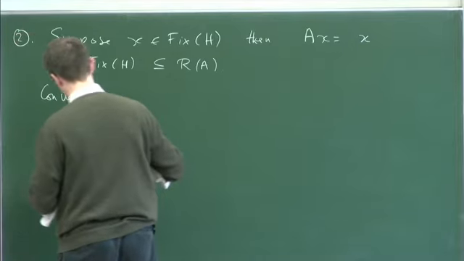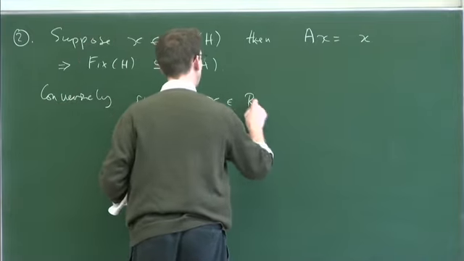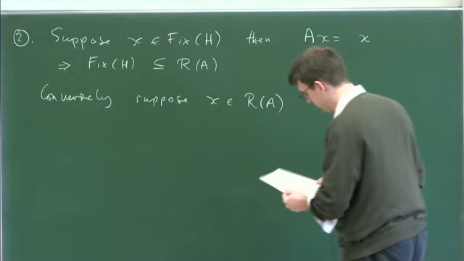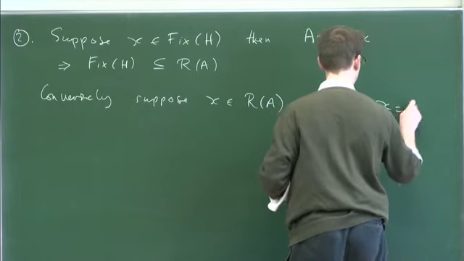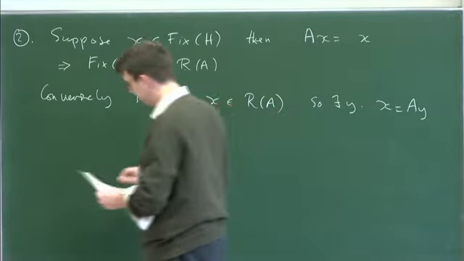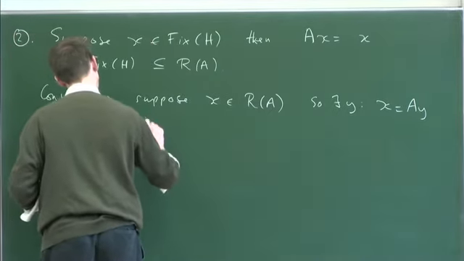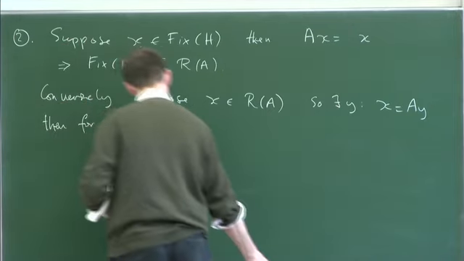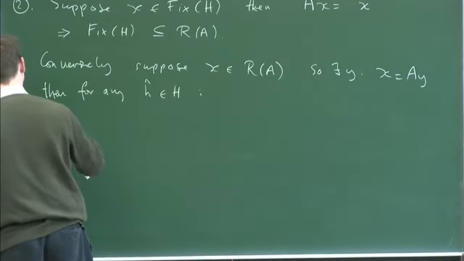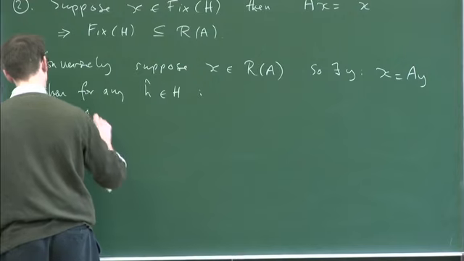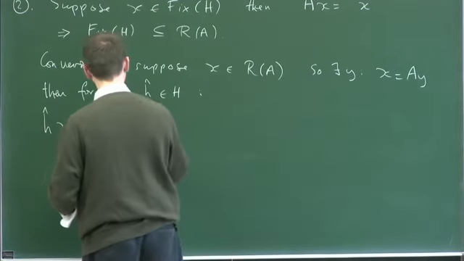And then conversely, suppose x is a point in the range of the operator. So there is a y such that x is Ay. Then for any element h hat, what do we have? h hat of x is h hat of Ay, because that was the definition of x.